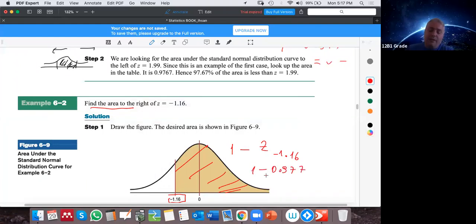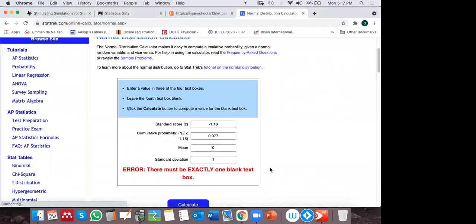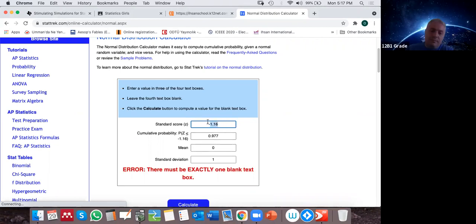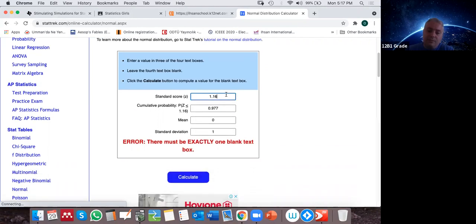Mr., there was an error inside the calculator. But how can we calculate this then? If I say positive 1, the result comes out the same.